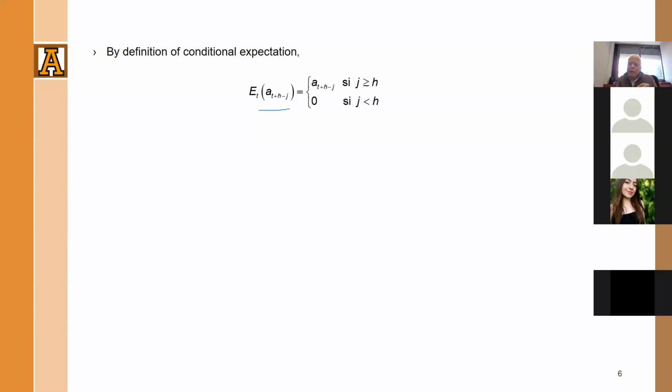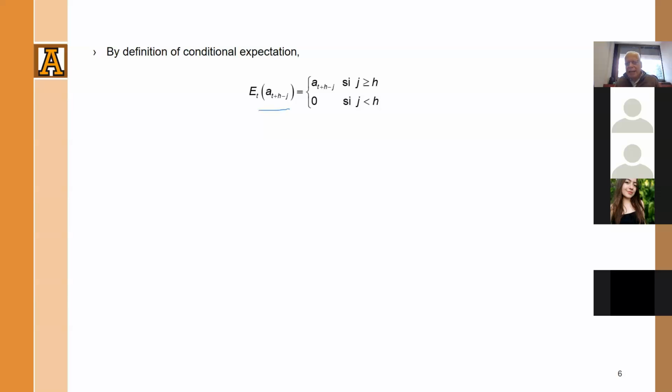So if j is equal to h, then the expected value of a_t is a_t, because we are at time t, so we know what a_t is. If j is equal to h plus 1, then t plus h minus j is t minus 1, so that will be a_{t-1}, because we know all the information up to time t. And therefore the conditional expectation is a_{t-1}.